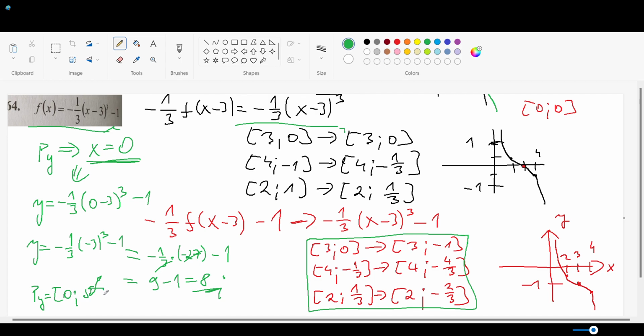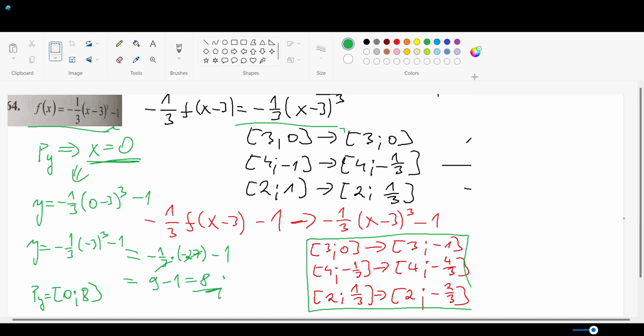I'm sorry, 0 and 8. Okay, so let me draw the final chart, and then maybe we can also go through the properties of the function. As I want to have everything on the screen and highlight all needed information, this is my final chart.